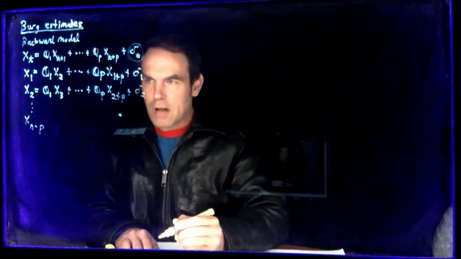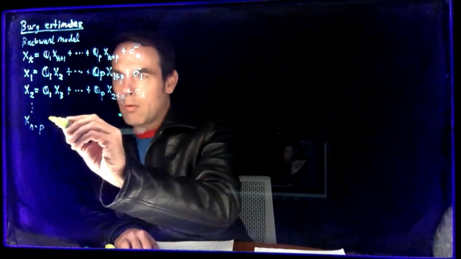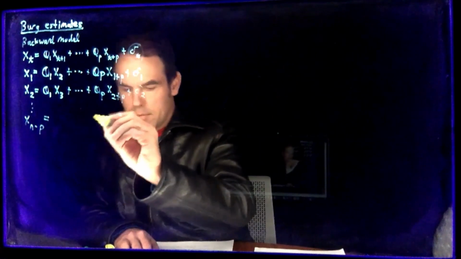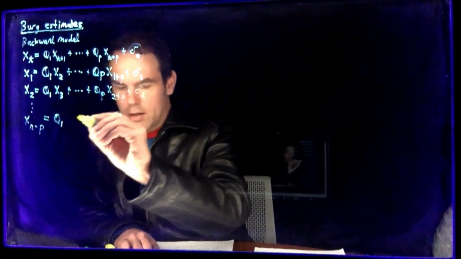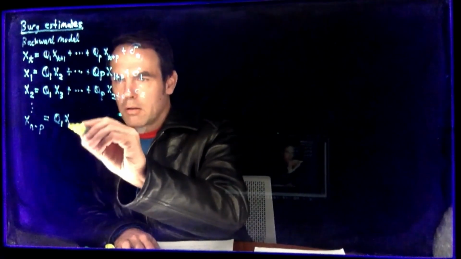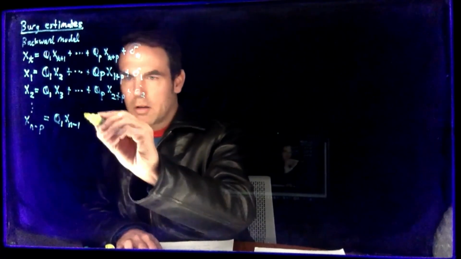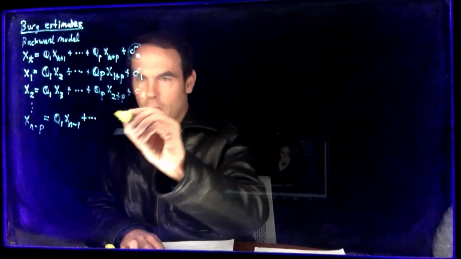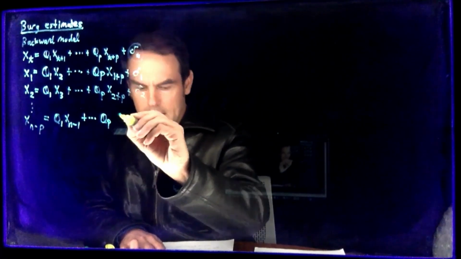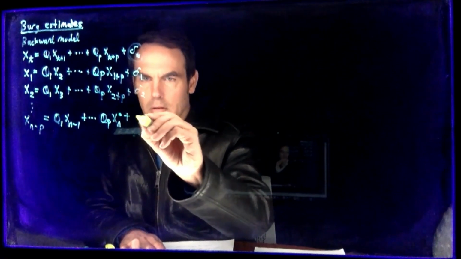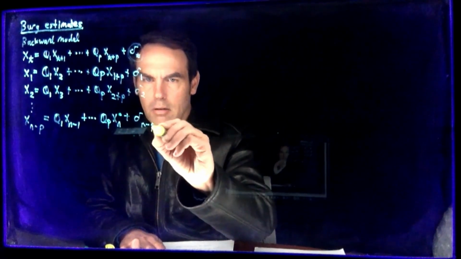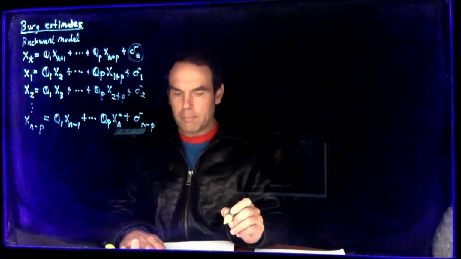So we're going to have to stop this at n minus p, where we will have phi 1 times x sub n minus 1 plus all the way to phi p times x sub n, plus delta n minus p.